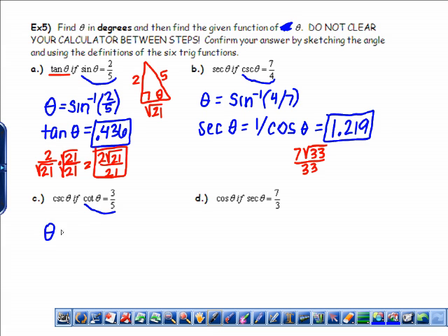Alright, so theta would be arctan of the reciprocal of 3/5, which is 5/3. That would give us our theta. And cosecant of theta would be 1 divided by sine of theta. Hopefully by now you're getting a lot more used to the 1 divided bys. You know where they're supposed to go and why.